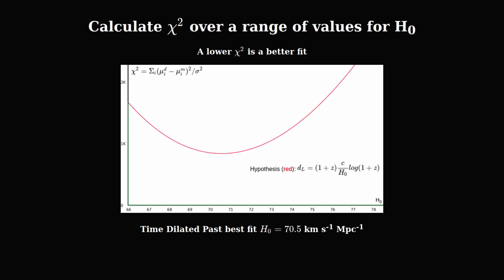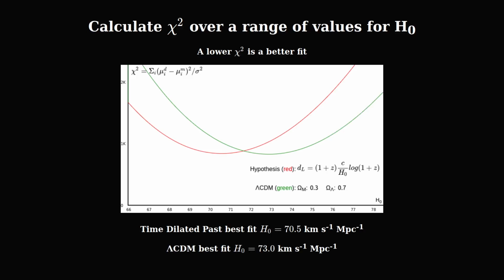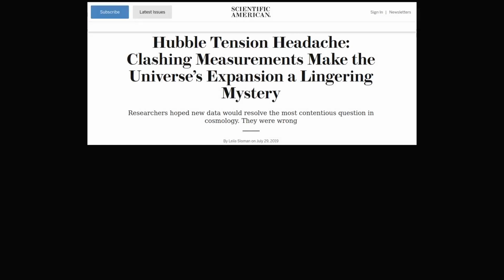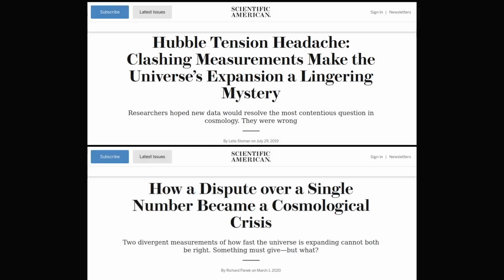Now, if we do the same thing for the current standard model of cosmology, which is called lambda CDM, then we put that in the green line here, we see that they're about the same as far as fits go. Although lambda CDM's best fit is that Hubble's constant equals 73.0 kilometers per second per megaparsec. That might sound familiar if you've heard of the Hubble tension or cosmological crisis.